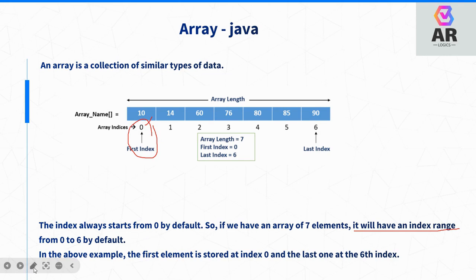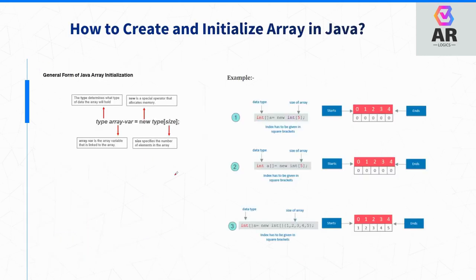Now see how to initialize and declare the array. This is the syntax. First the type: integer or string or double, whichever data type of values can be stored here. Second is the array variable.